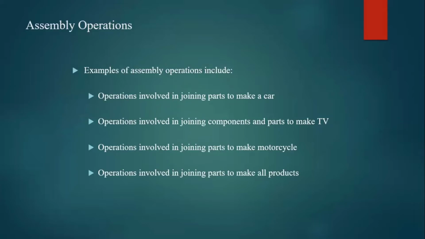And the examples of assembly operations include the operations involved in joining parts to make a car, to make a bike, to make televisions. The operations involved in joining parts to make all types of other products.